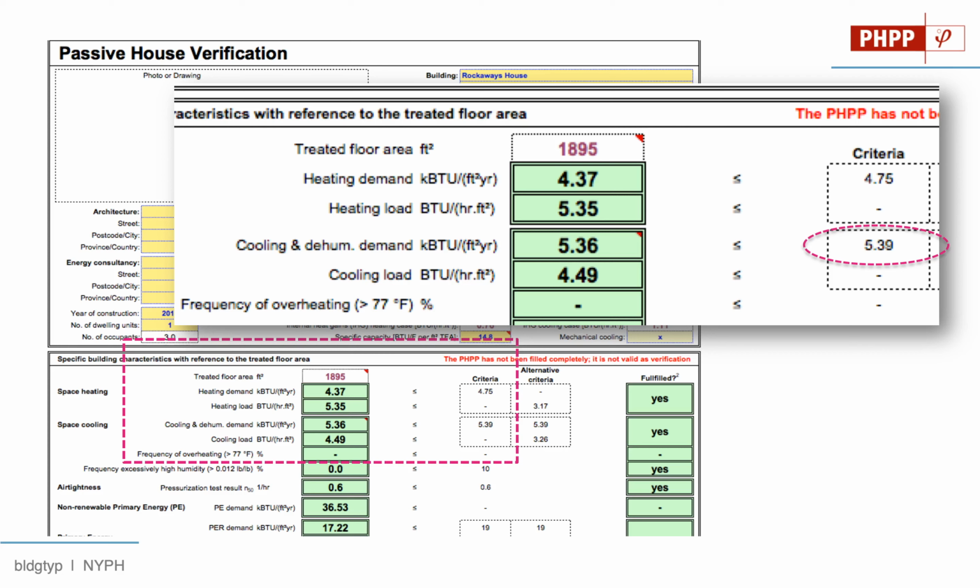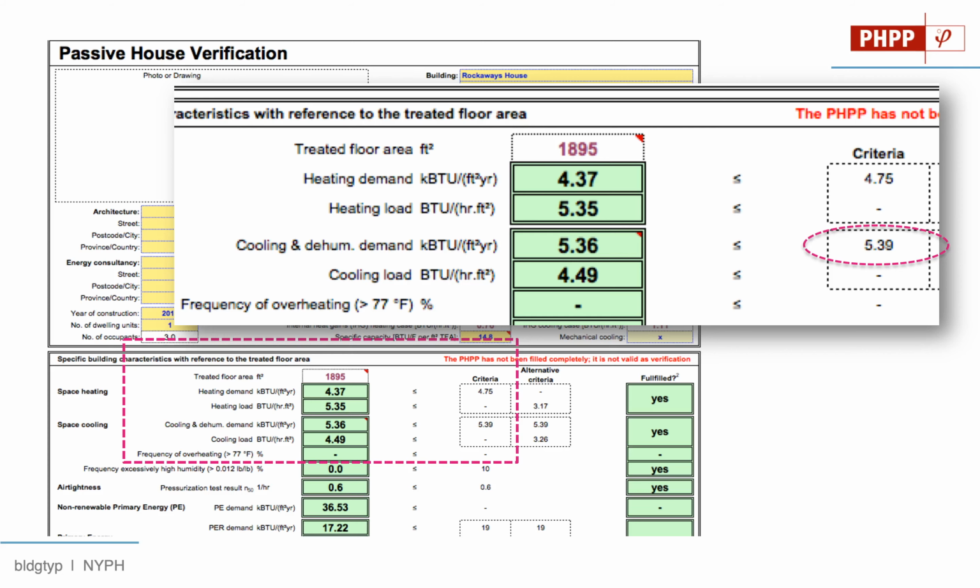Now, interestingly, if that's the demand threshold for PHI certification, why, when I look at my PHPP, does it show a limit of 5.39 kBTU per square foot per year? Why doesn't it show 4.75?